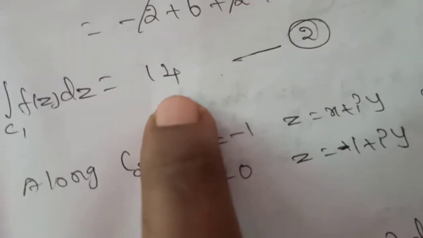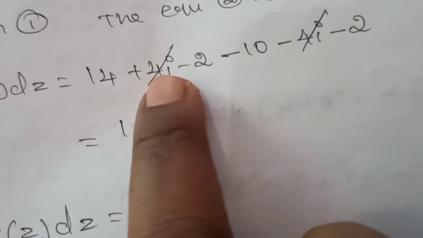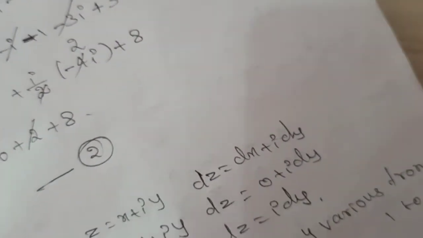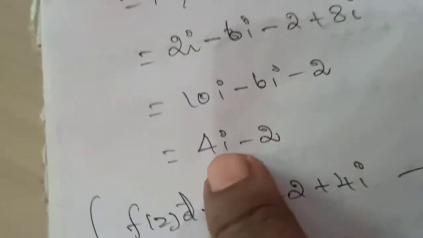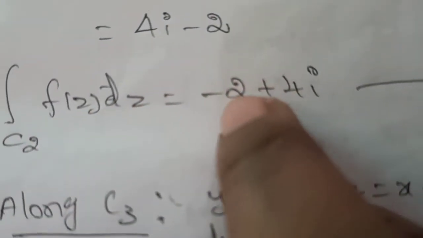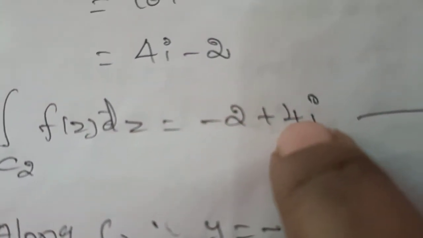So the integration along C1 gave the answer 14, substitute here. That is 14. The integration along C2 gave the answer minus 2 plus 4i, substitute here.